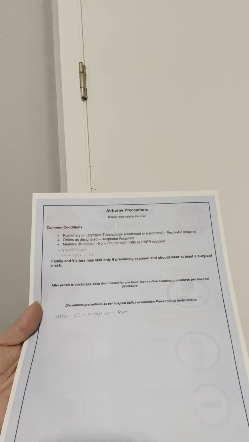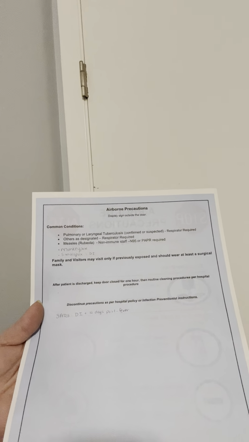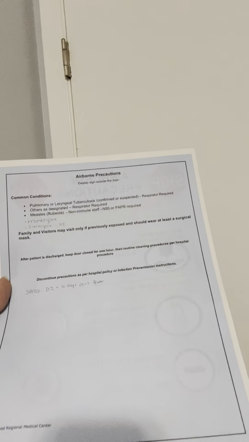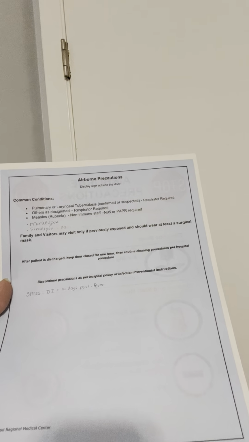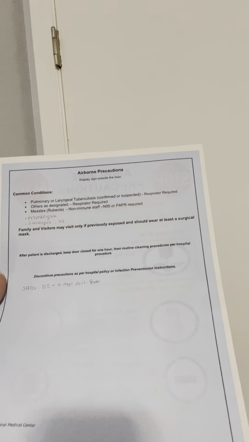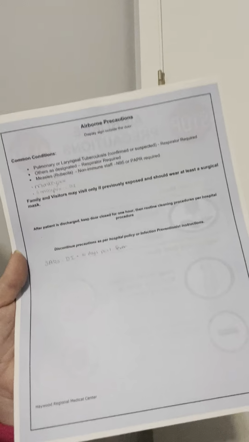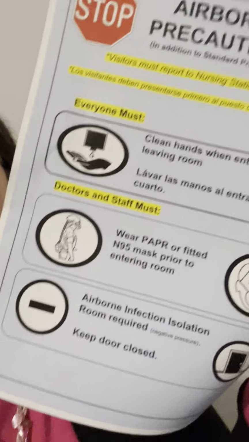And then after the patient is discharged, keep the door closed for an hour, then start the routine cleaning procedures per the hospital procedure. Discontinue precautions as per hospital policy or by the infection preventionist instructions. So that is going to be very helpful to you to look at when you're not sure. And they always stay on the door.